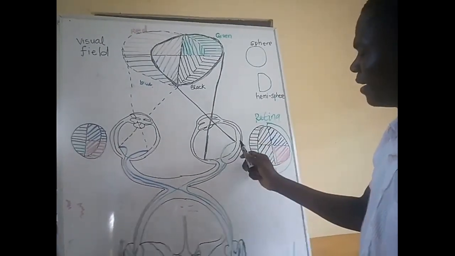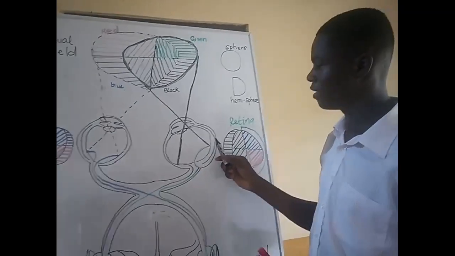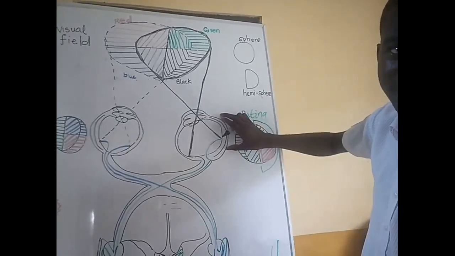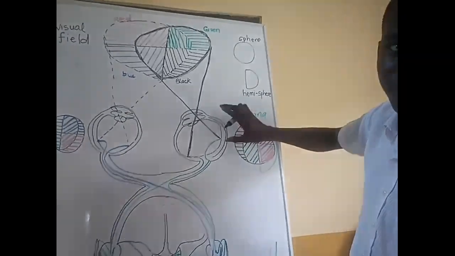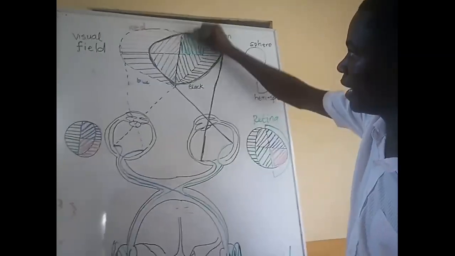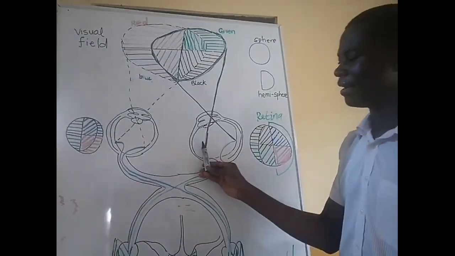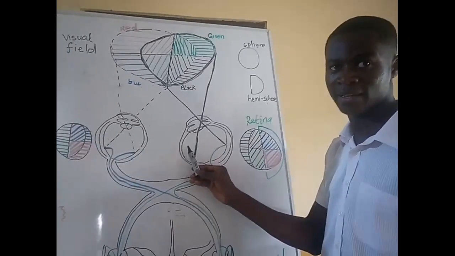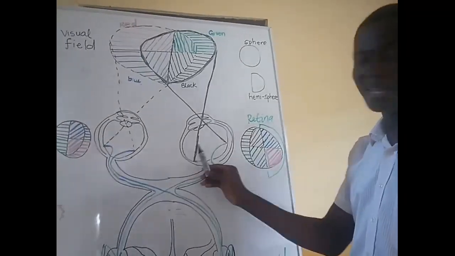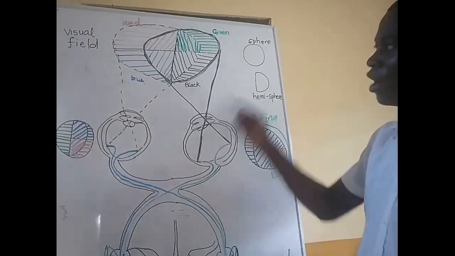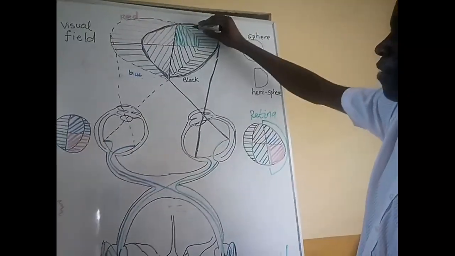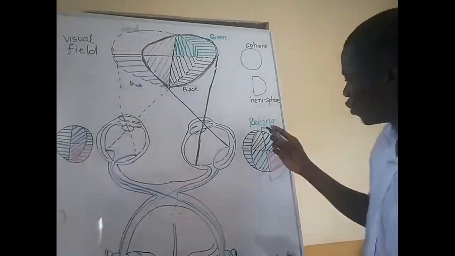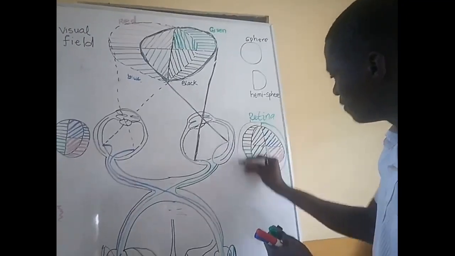Now, unlike what we saw when we were looking at the visual field perceived by the temporal part of the retina of the right eyeball, which is here, the part of the retina that is towards the nasal side, which is the medial part, perceives an eye field that is more peripheral. So we have this, rather that there is a central part and then there is a peripheral part. So this is what is perceived.